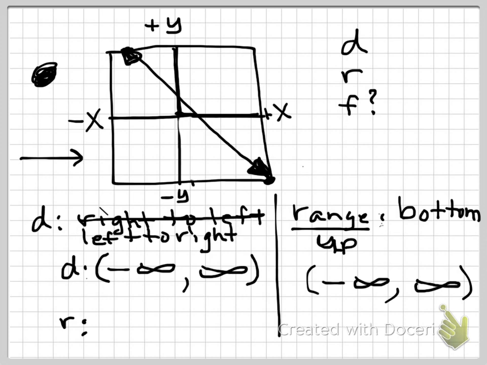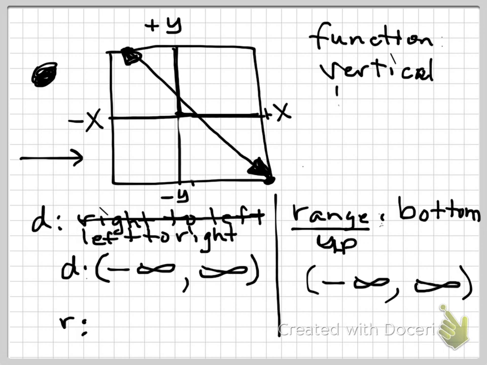Okay? Now we still need to determine, is this thing a function? So let me give you how to determine if something is a function when you have the graph. If it's a function, you'll use what's called the vertical line test, which simply means you're going to draw vertical lines.